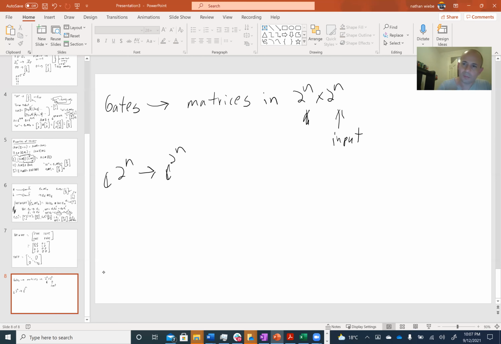And furthermore, because it's 1 to 1 and it has to be reversible, it's actually easy to show that all reversible operations are permutation matrices.